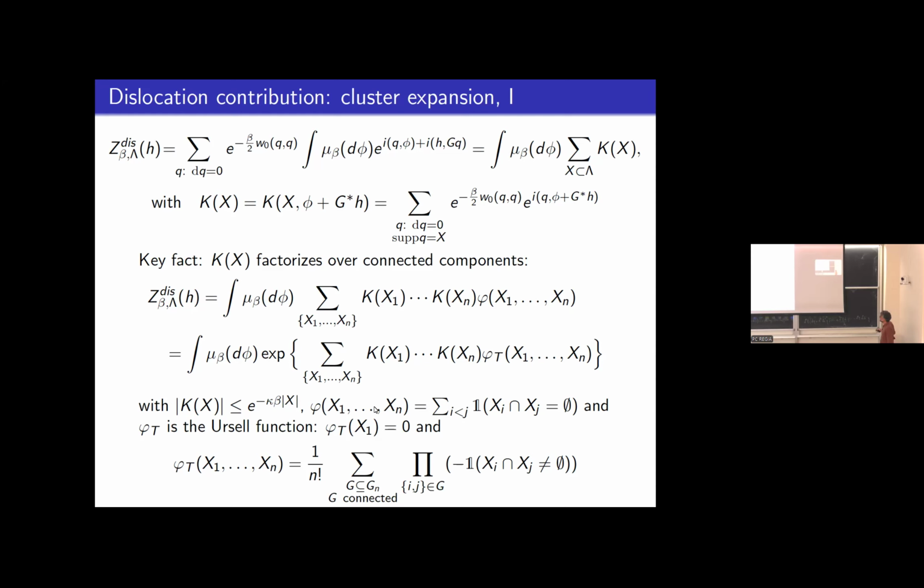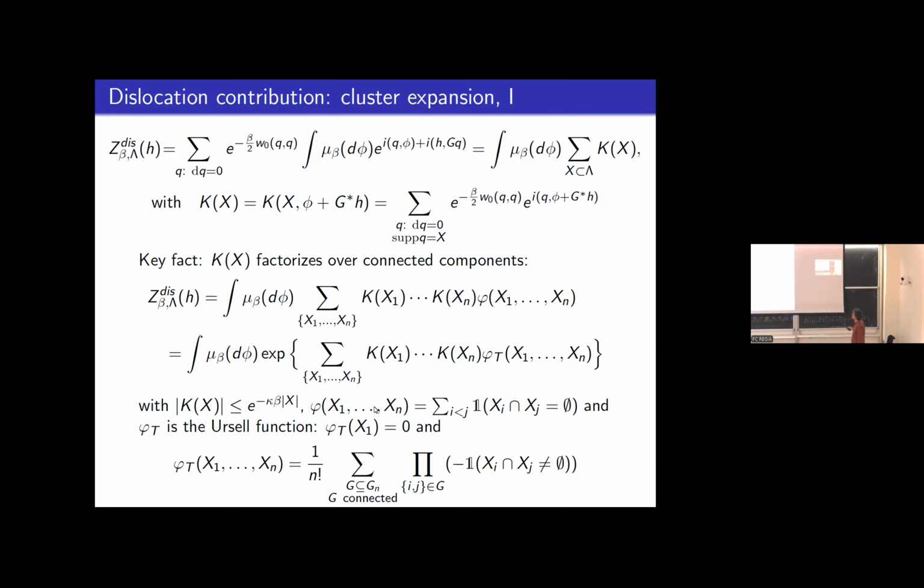So you can write it as a sum over disconnected supports of the product of the cases. I'm trying to set up things in a way that, for those of you who know cluster expansion, is appropriate for doing cluster expansion. So the condition that the xi's are disconnected is encoded in this function.